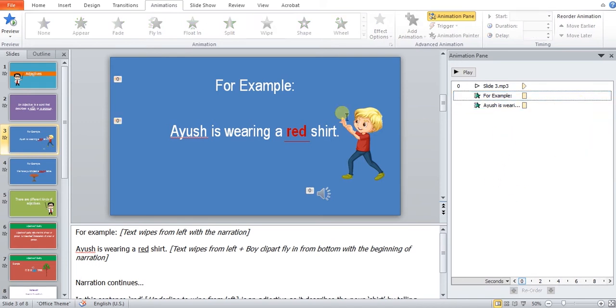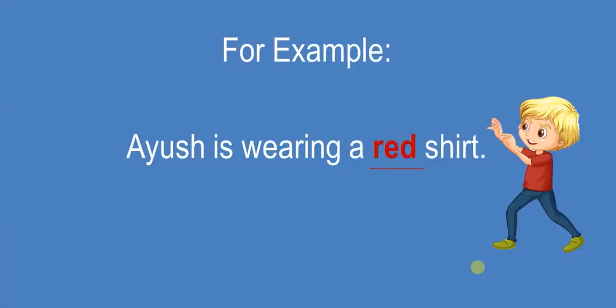You will notice that from here all now are numbered as 0, which tells us that it will start automatically. And when you now display the output, you can see that the audio, the first text and the second text appear all together.